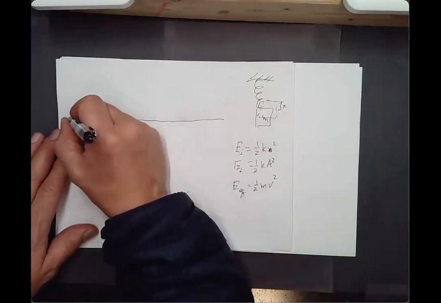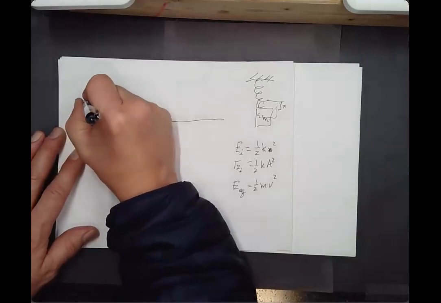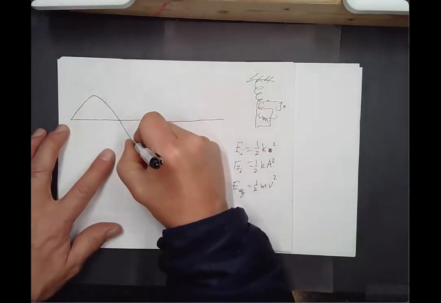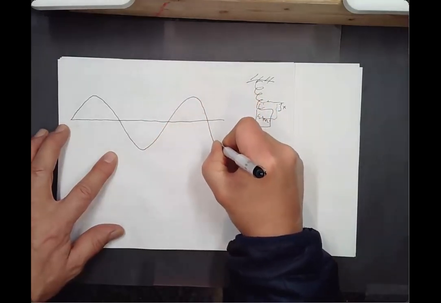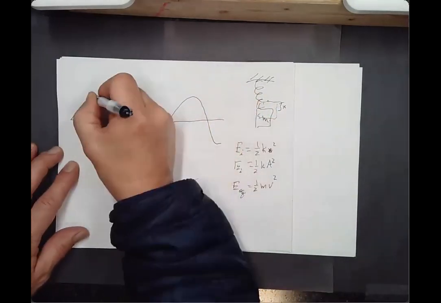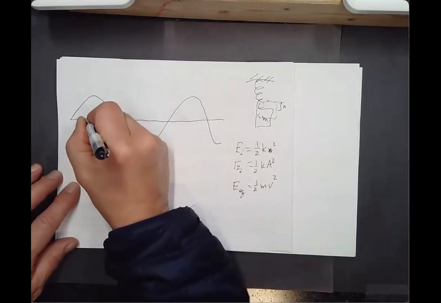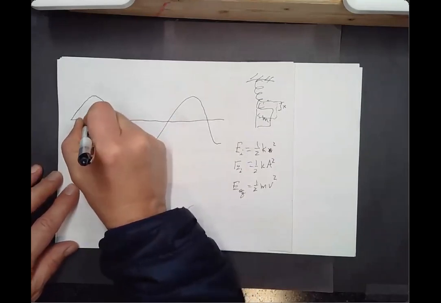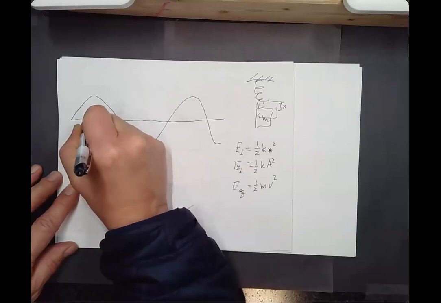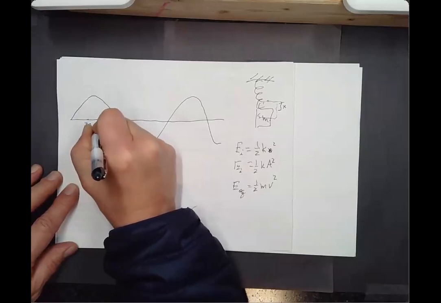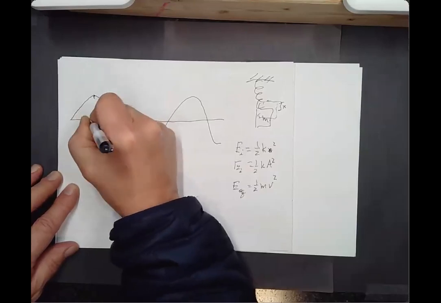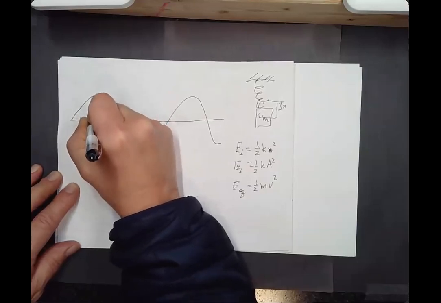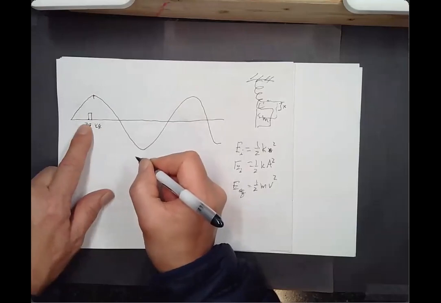If we make a graph of position as a function of time, and this is supposed to look like a sine wave, then at the extreme of the motion, if I make a PE and a KE graph, it has potential energy right here, but no kinetic energy.